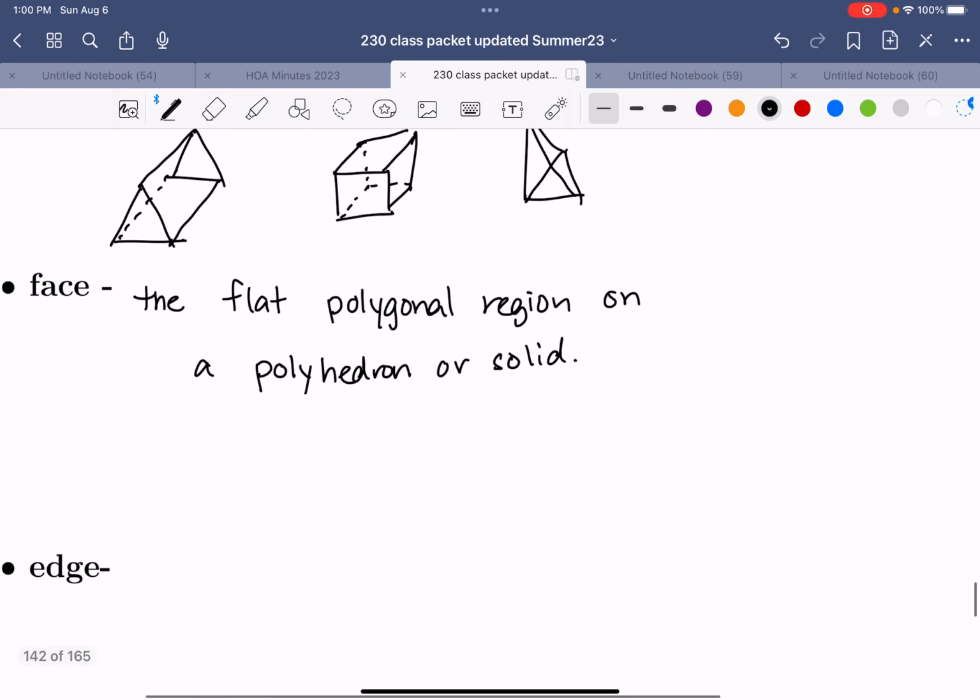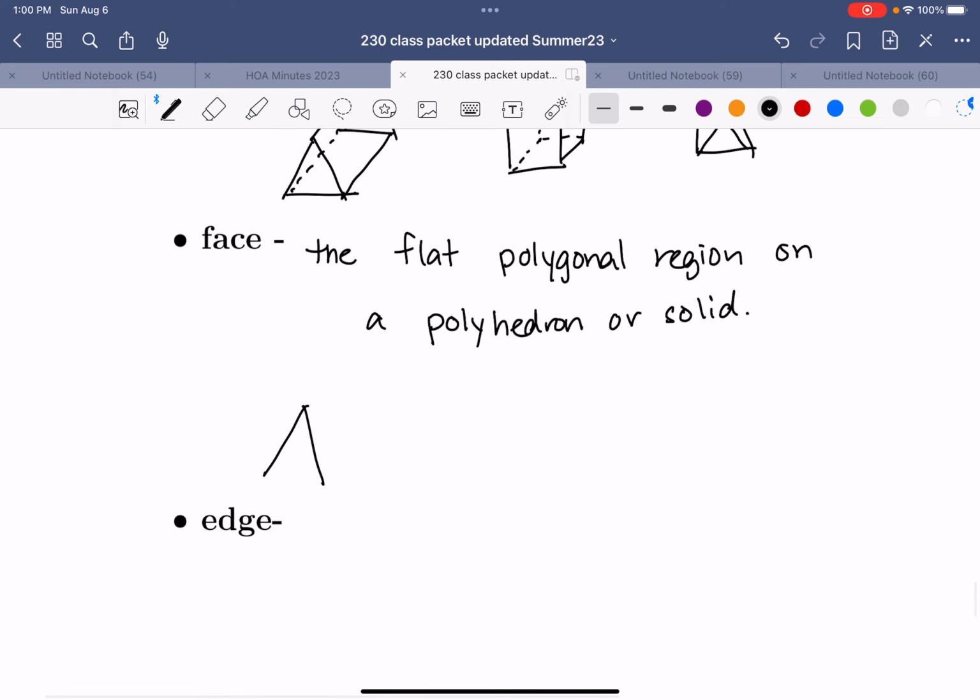So that means when I think about that triangular prism, this right here is a face, and this one is a face, and all the other ones that you can't see when I draw it from this angle are also faces. Okay. When I draw my pyramid, let's go for a square one this time. This is a face, and this is a face, as is the bottom.